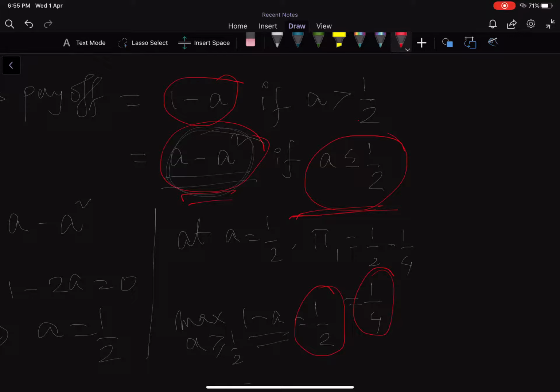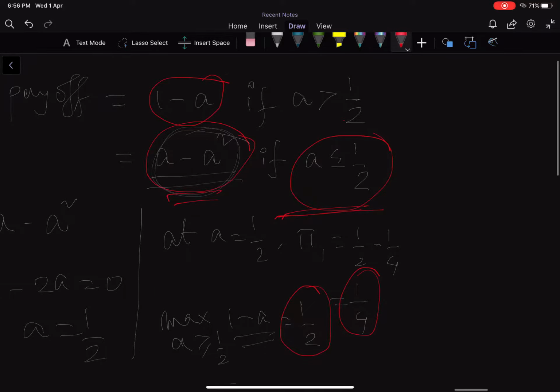So again we run into the problem that player 1 doesn't have a best response. For every A slightly closer to half, and even closer to half, but still above half, firm 1 will get a higher payoff. That's why we'll not get a best response from firm 1 when player 2's strategy is to stay in when indifferent.